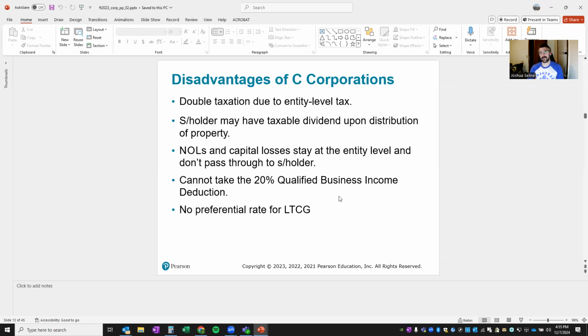Once they opt to become an S corporation, or even a partnership, let's say, they don't get to keep those NOLs, so they stay with the entity. Cannot take the 20% qualified business income deduction, so QBI is not eligible for C corps, and there's no preferential rate for long-term capital gains. It's treated as ordinary.